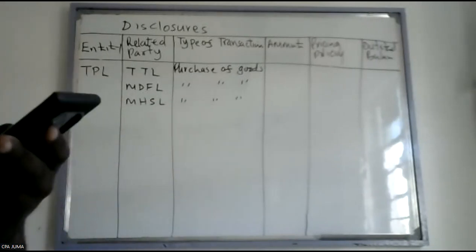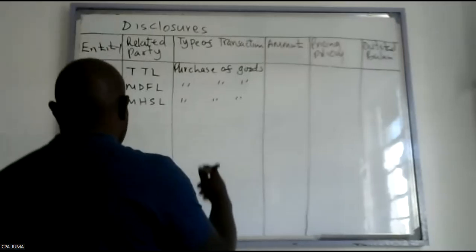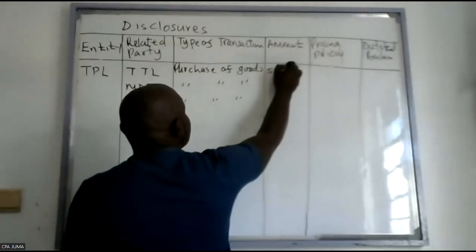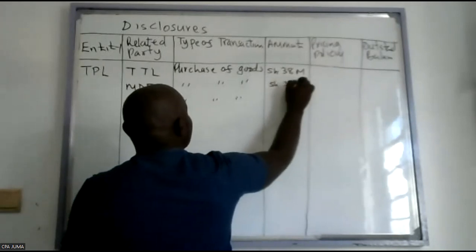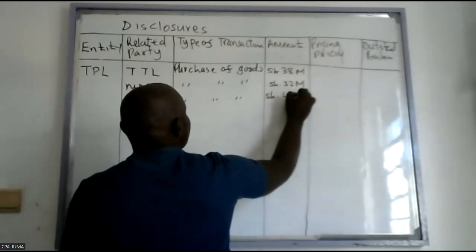All were purchases. There was no sale. The amounts in question were shillings 38 million, shillings 32 million, shillings 49 million.